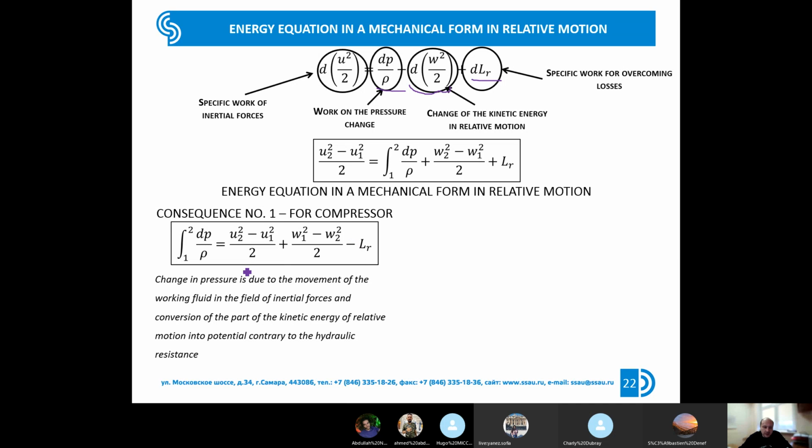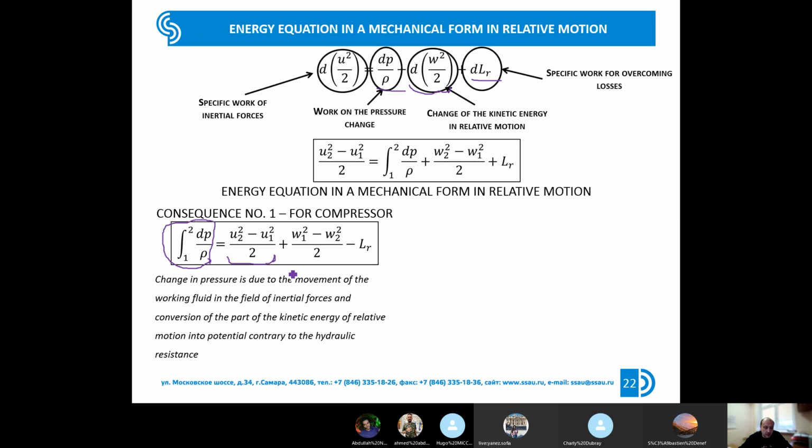Let's try to find the conclusion. Let's try to explain what this equation wants to say to us. For these purposes, let's simply read this equation step by step. So, what could we say, looking into this equation. Pressure change in the compressor takes place due to the movement of the working fluid in the field of action of inertia forces.